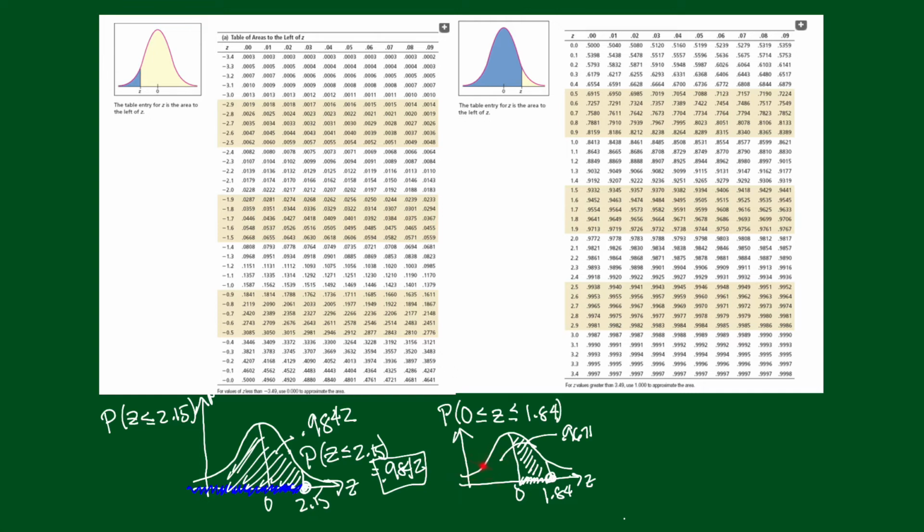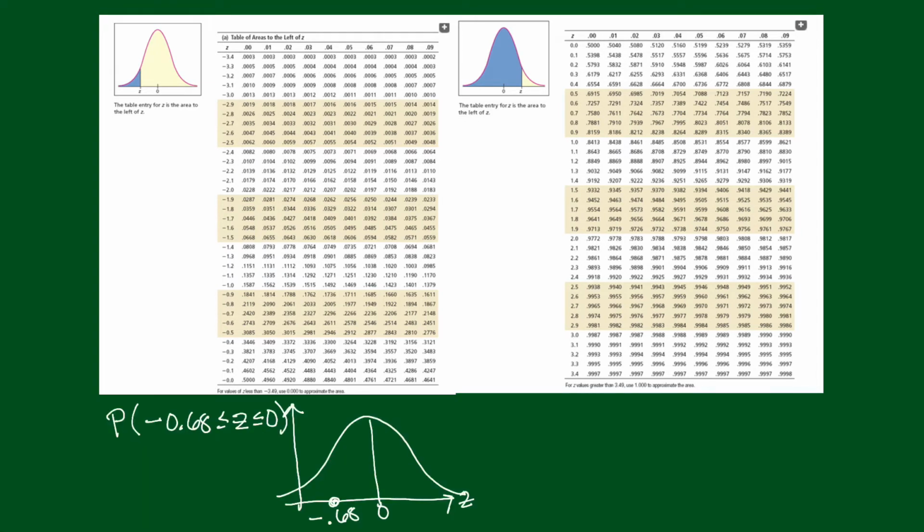I don't want that area. Well, that's half of it. So why don't I subtract 0.5? And we get 0.4671. Okay, that's what we're looking for. So that probability turns out to be 0.4671. All right, so sometimes because of the way the table is drawn, we have to make some adjustments.